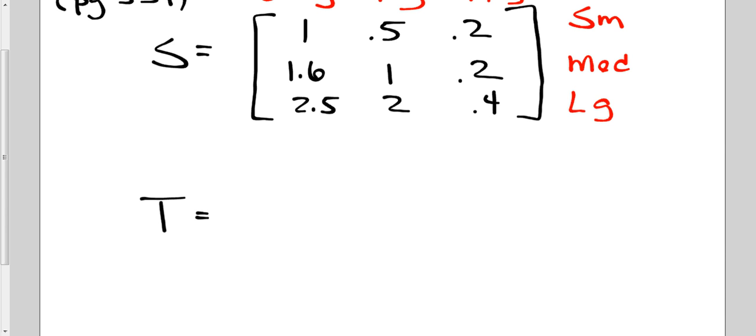Row by column. So 3 by 2. And this is 12, 9, 6, 10, 8, 5.